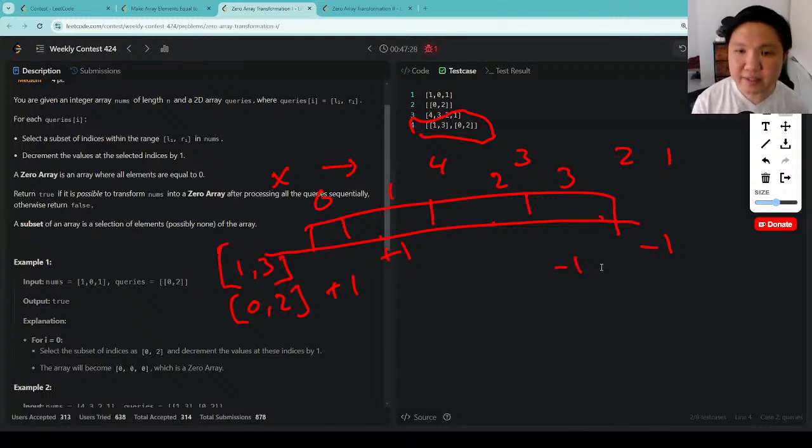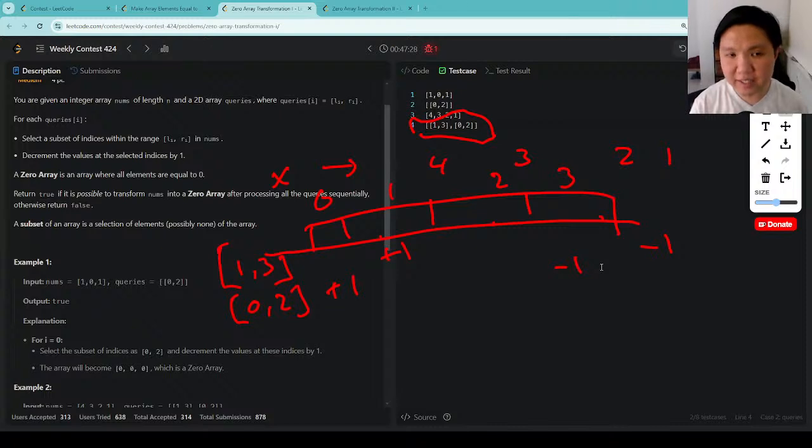Okay, so for each one, I'm pretty sure the right way is to modify from the previous one.